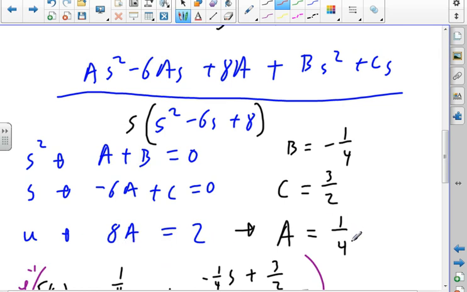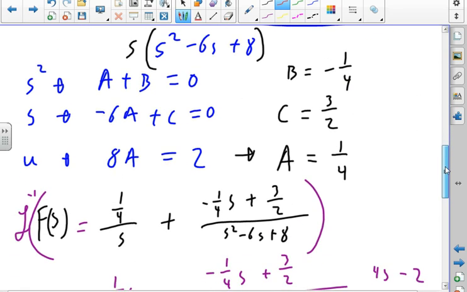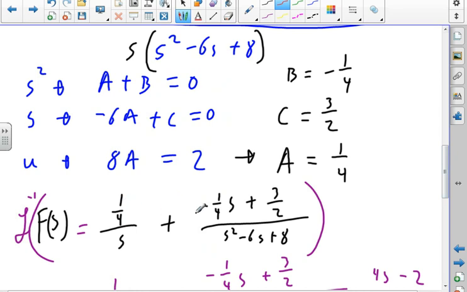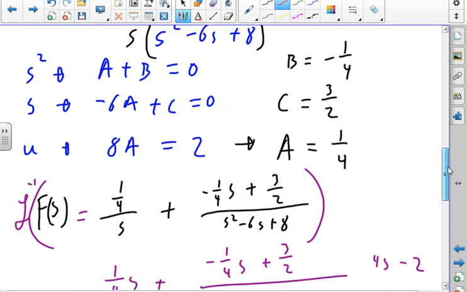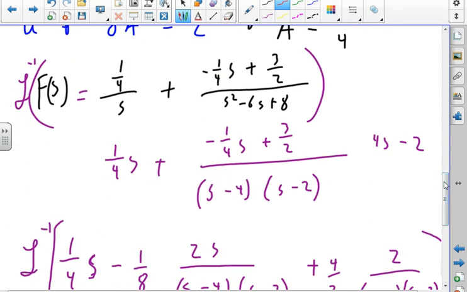A is 1/4. B is minus 1/4. That's 3/2 with a minus sign, so c has to be 3/2. So we're pretty sure about that. Put that there, put that there, put that there. Do that fraction.